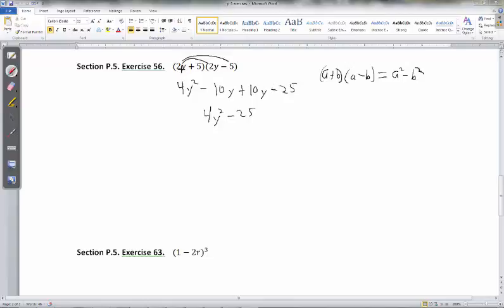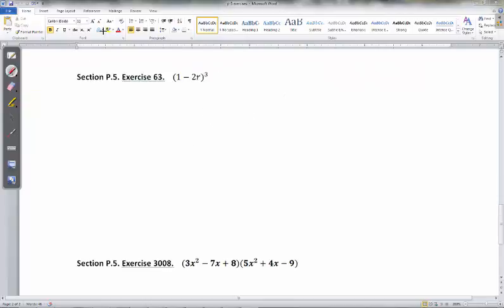We knew it was going to be 4y squared, because if you square this, you get 4y squared, minus 25, the square of 5. In any case, it doesn't take very long. It's just a quick formula for multiplication. It's actually more helpful going the reverse direction when we use it as a factoring formula. And we'll see that in the next section.